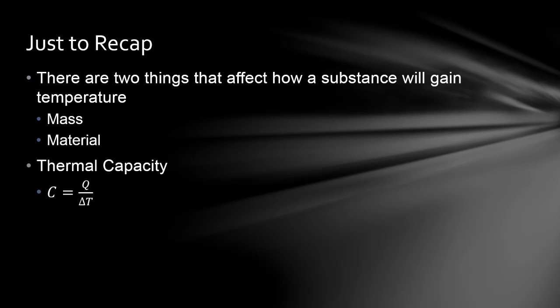Remember, this is object specific. The specific heat capacity is only material specific. It has nothing to do with the mass of the object. If we know the specific heat capacity, we can apply that to any amount of a substance. And it's given by the amount of heat energy added to the object divided by the mass and divided by the change in temperature.